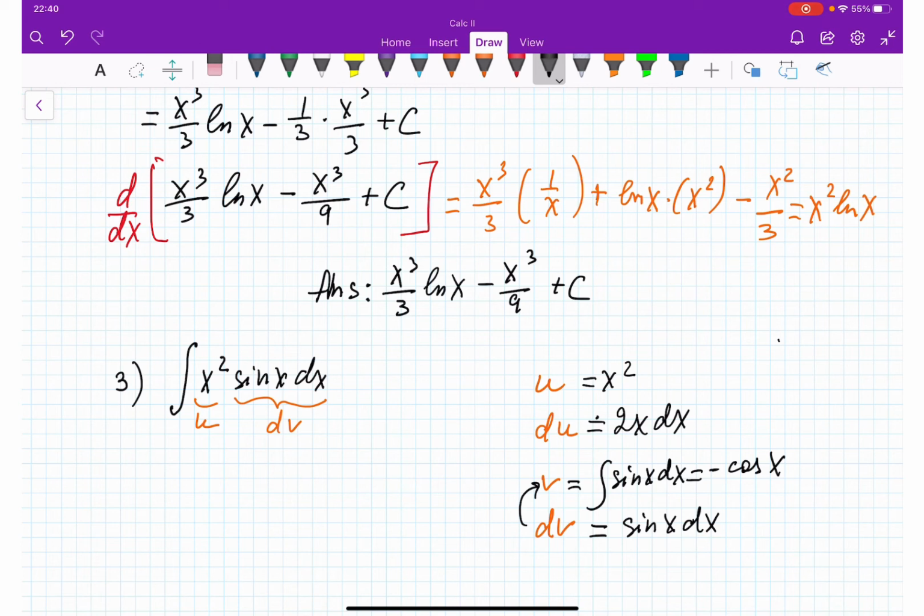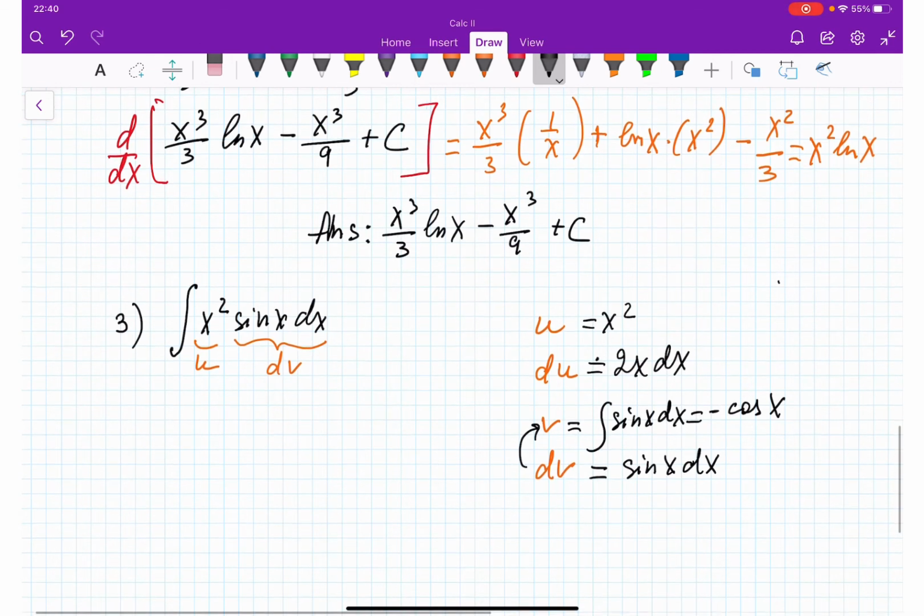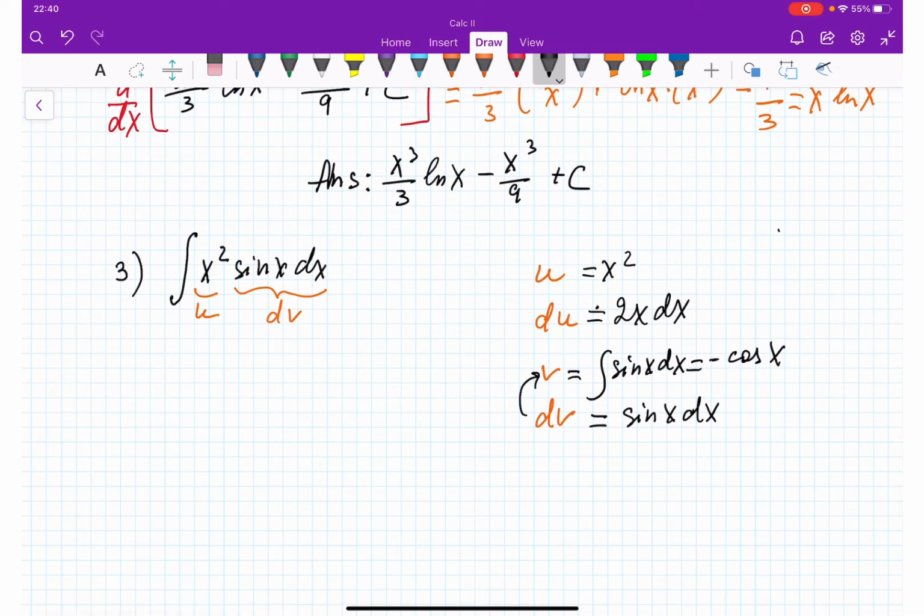Now let's do integration by parts. The integration by parts produces the following. So we are getting integral x squared sine x dx, that is equal, so uv, right?